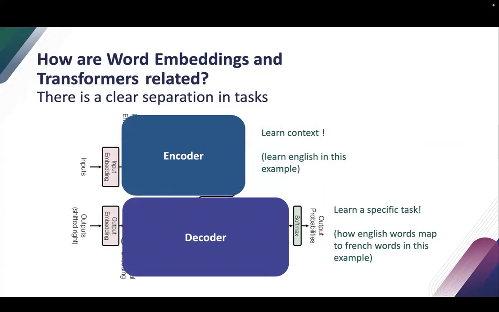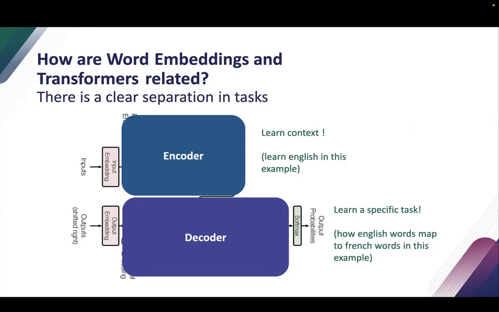At a high level, the point of doing this small exercise was to illustrate how a transformer has two parts, encoder and decoder, and each of those parts has a clear task at hand.